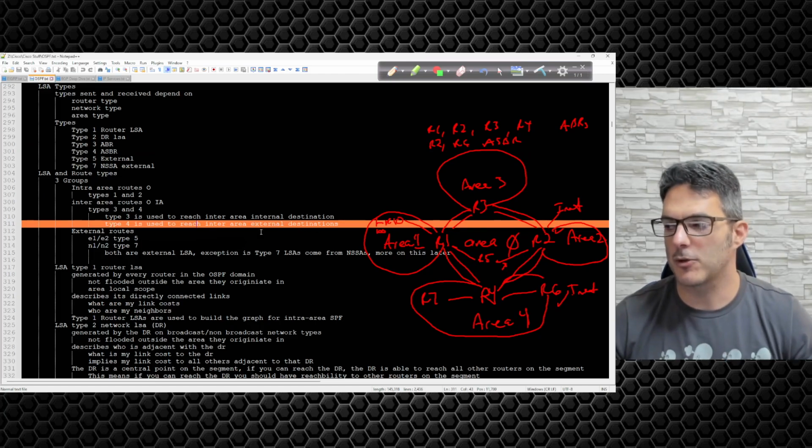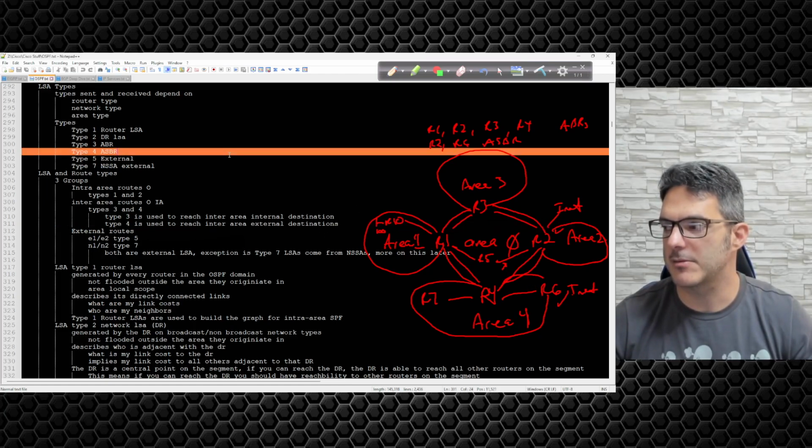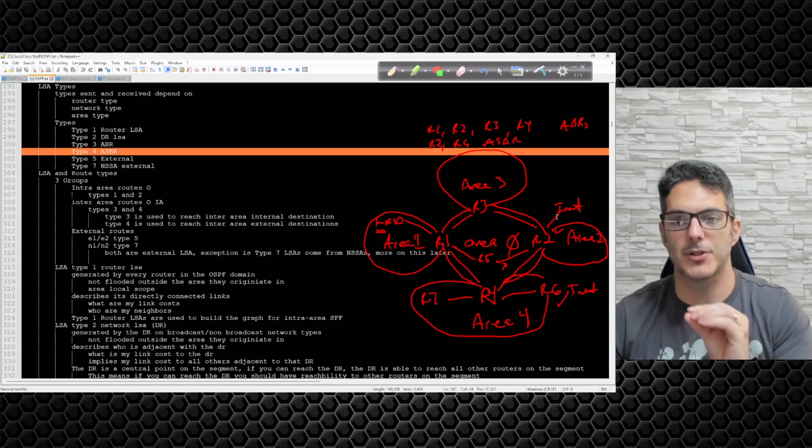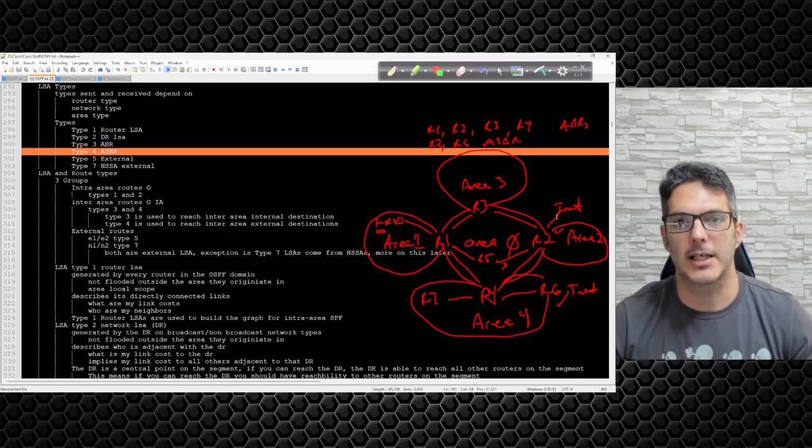So what I really want you guys to understand is, if I move this back up here, if I have a scenario where area 0 has a default route, it's going to automatically try to choose to go to the inter-area external. Meaning it's going to go find the closest type 4 LSA it can get to. In the event that R2 goes down, then anything in area 0 will try to point to the inter-area external.